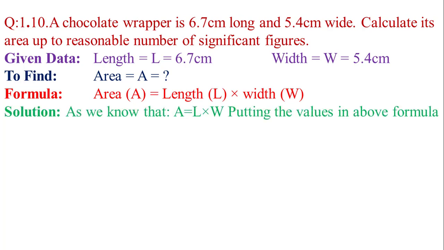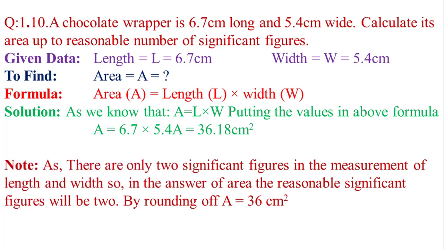In the solution, as we know, area A is equal to L multiplied by W. Putting the values in the above formula, A is equal to 6.7 multiplied by 5.4. Area A is equal to 36.18 centimeters square.